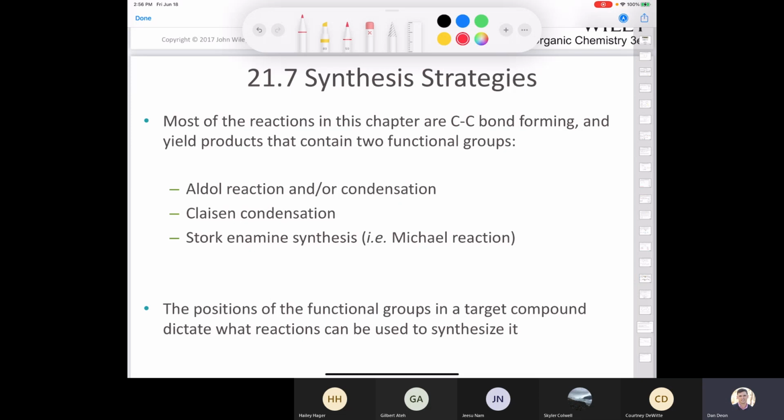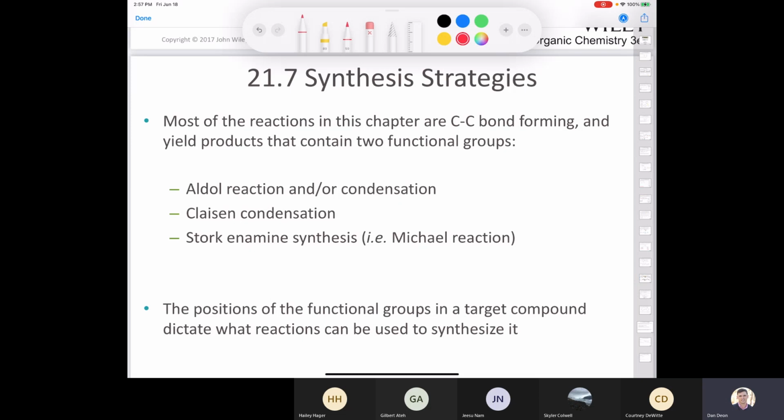But this one is actually pretty useful because there are so many different carbon-carbon bond forming reactions that we looked at in this chapter. And they yield products that contain two functional groups, like a carbonyl and an alkene, or a carbonyl and an alcohol, or two ketones. These are things that you've got to keep a close eye on.